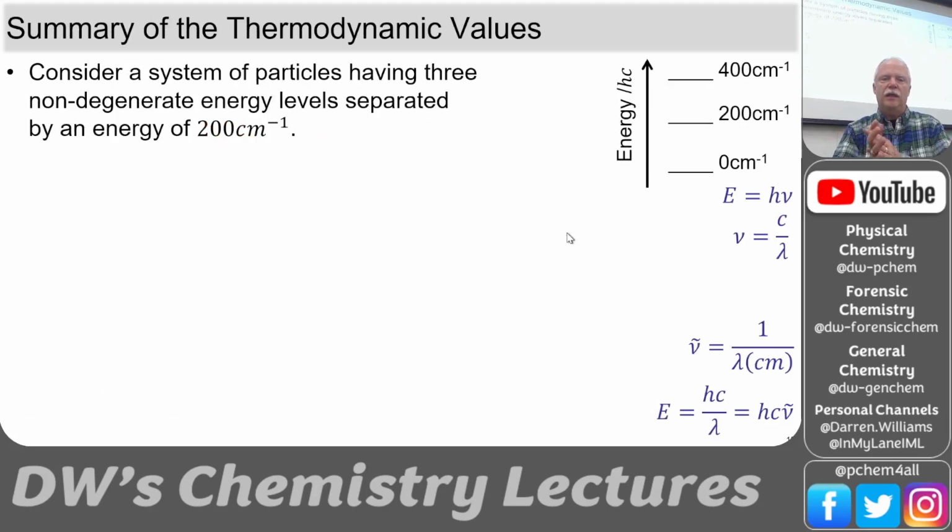Okay, so now let's look at these thermodynamic values. So these are all of the ones, and just again, a review of those equations when we're talking about wave numbers. We have energy is equal to Planck's constant times the frequency. The frequency is the speed of light over the wavelength, and 1 over the wavelength in centimeters is given this nu tilde. And so what we've calculated is all of our energies in wave numbers.